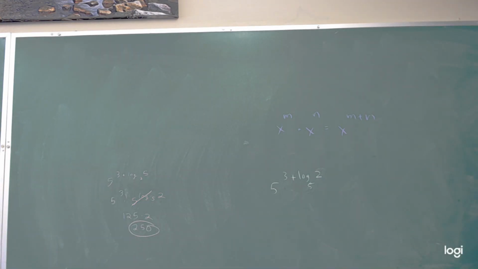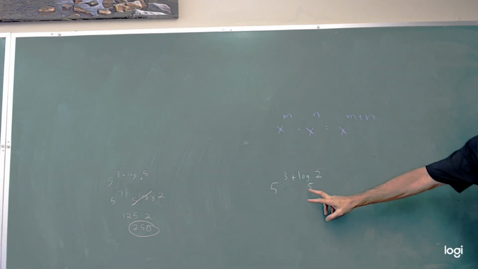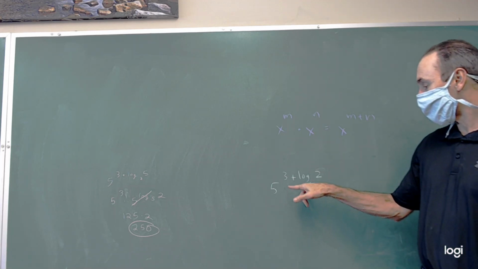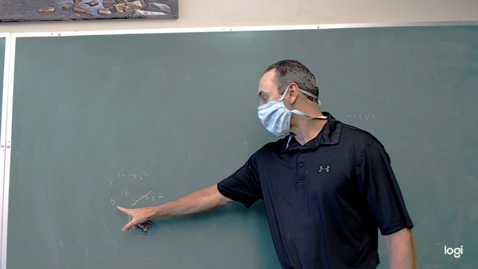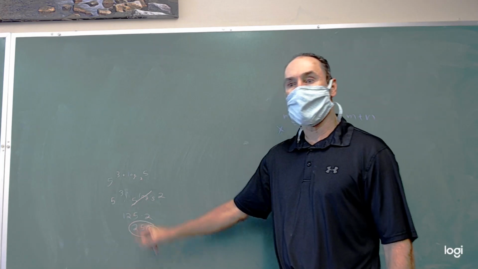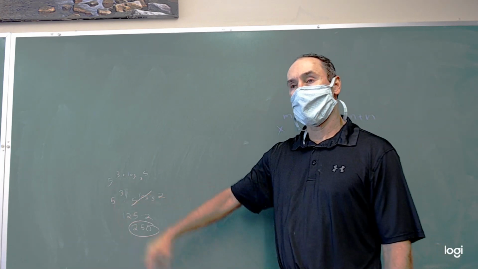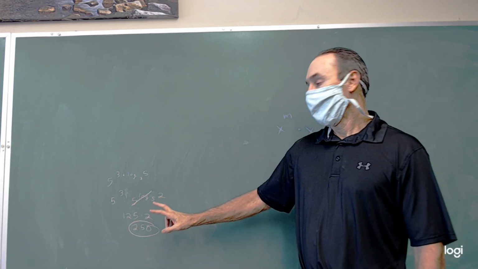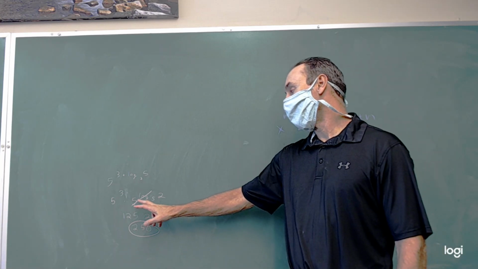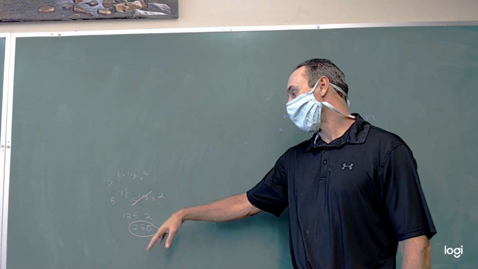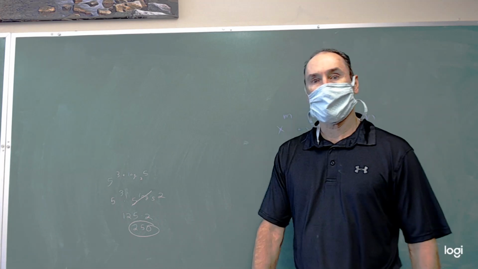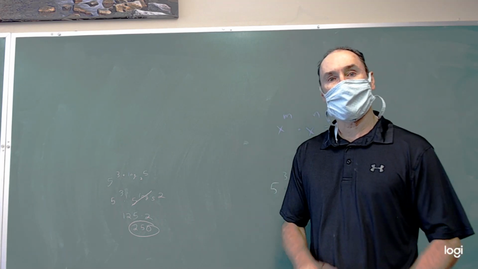So once I get the problem right, we're going to make this addition in the exponent into the product of those two powers. Since 5 to the third is 125, and an exponent base 5 and logarithm base 5 cancel, we just get 2 times 125 is 250.